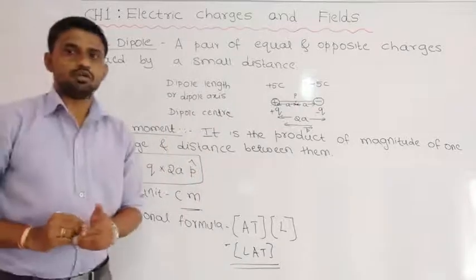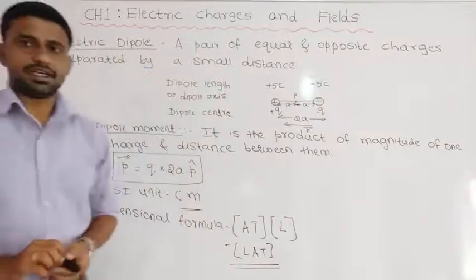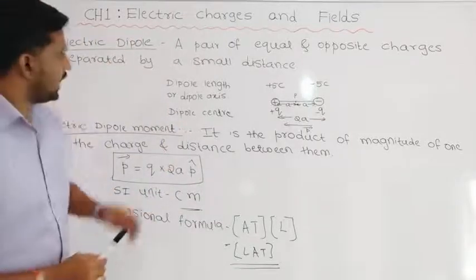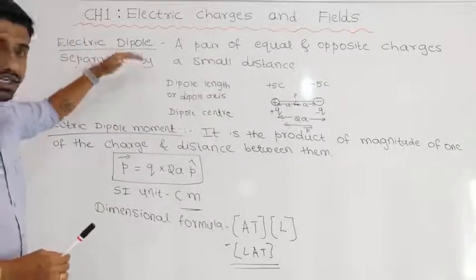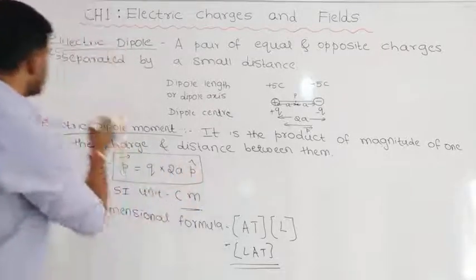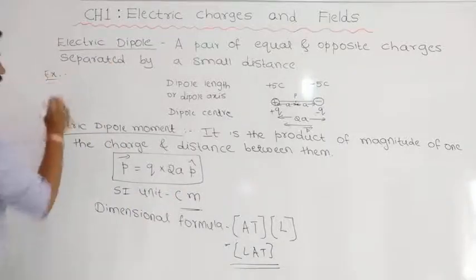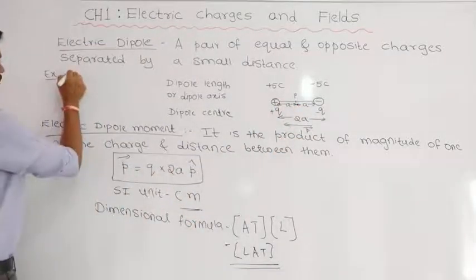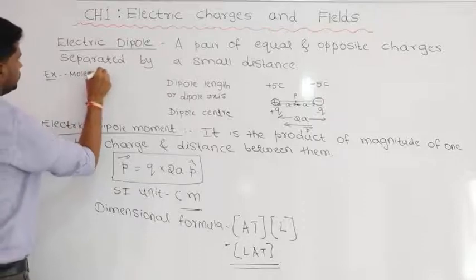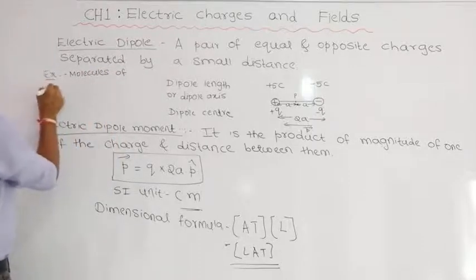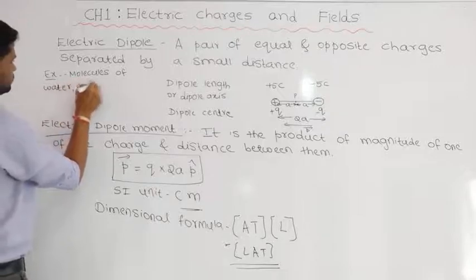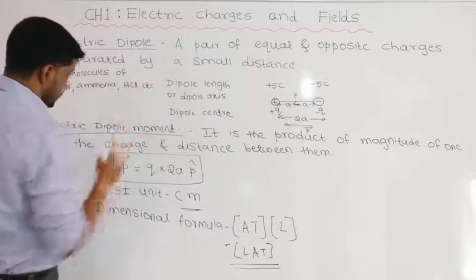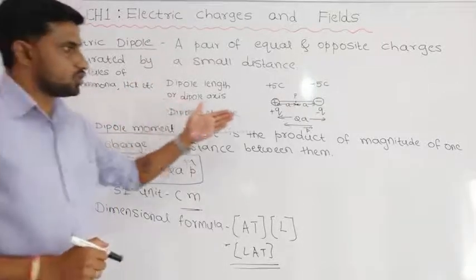Understood? So that is about electric dipole and electric dipole moment. A very important concept for 1 mark and 2 marks questions. And the examples for electric dipoles, that means where we observe such electric dipoles, are molecules of water, ammonia, HCl, etc. In such molecules we will observe electric dipoles.